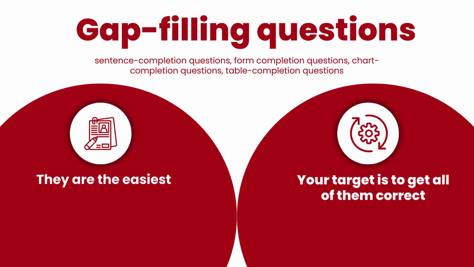Those ones require you to complete a form based on the information in the passage. You have chart completion questions. You have diagram labeling questions. You have table completion questions. These are the different ways that gap filling questions show up. But the strategies for solving them are the same. The steps are the same.